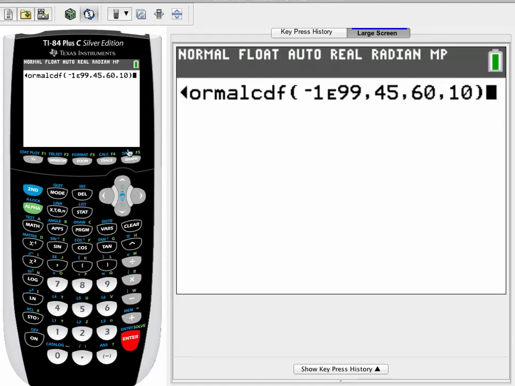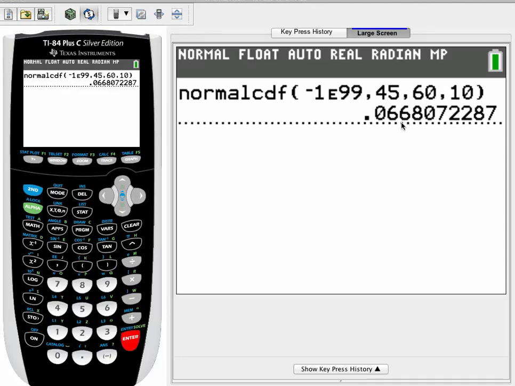If we're using a TI-83, we'd have to enter these numbers ourselves, and you can use anything like a negative 1 million in this place, or even negative 1,000 would be fine, as long as we're more than 3 standard deviations away from the mean in the negative direction, we're going to be good.